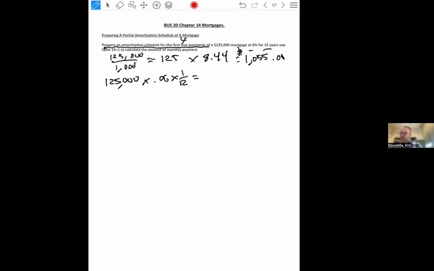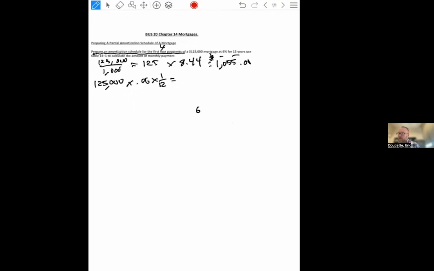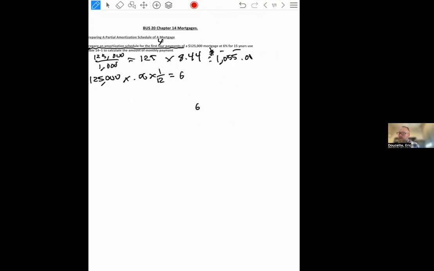So it's going to be $625 even. So that's interest for month 1. Now I need to deduct that from the payment that I'm making.